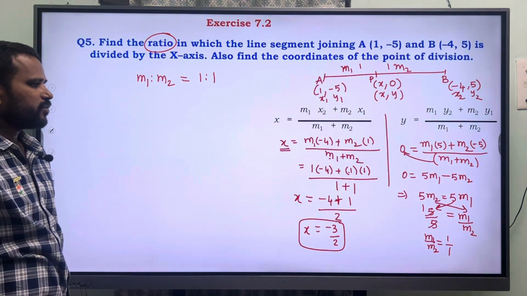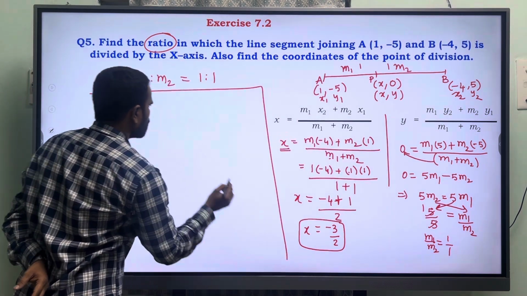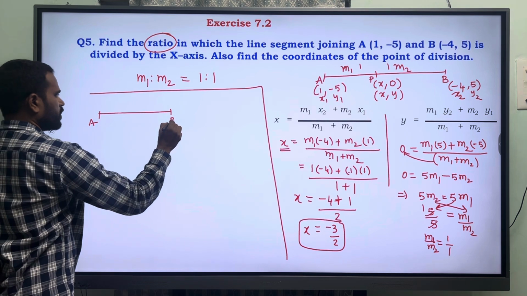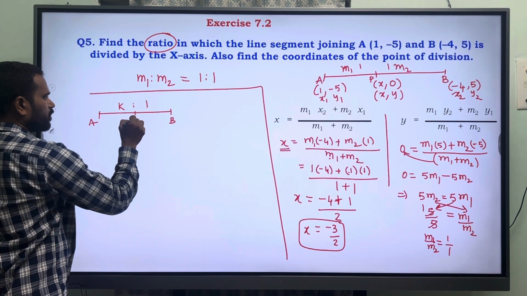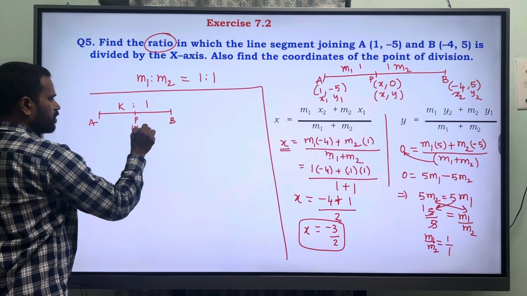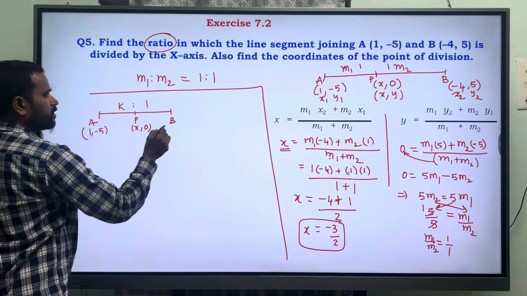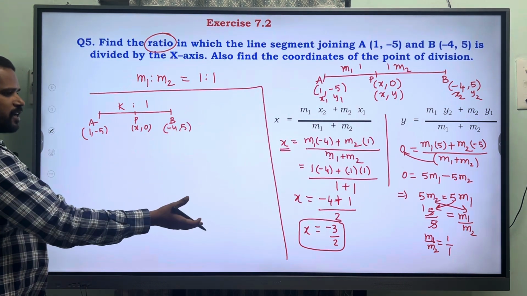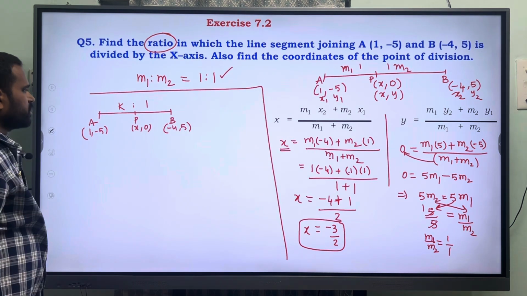Okay, this way also we can do, or we can do the other way like this. Suppose a point, b point is given, and I can take the ratio as k is to 1, x comma 0. This is how much? 1 comma minus 5. This is how much? Minus 4 comma 5. So in either of the cases you will get the same ratio and same x value.